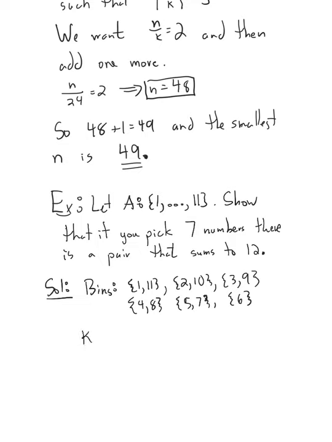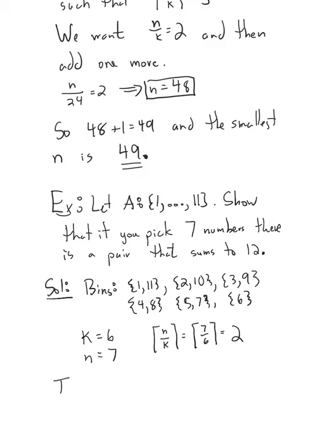So our K, which is the number of bins, is 6. Our N, we're picking 7 numbers. That's 7. And the ceiling of N over K, which is, of course, 7 over 6, that's 1 1/6, so we round up to 2.